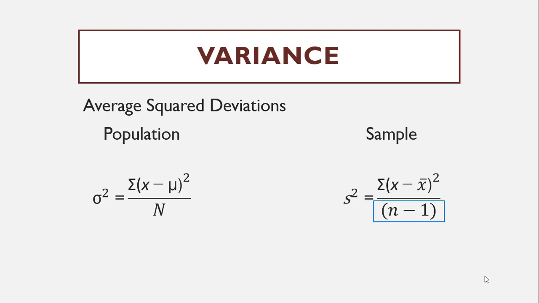As my sample gets larger, assuming that I'm properly sampling, that I'm sampling randomly and there's no bias, it should be the case that as I sample more and more people from my population, that sample is going to do a better and better job of approximating the population.